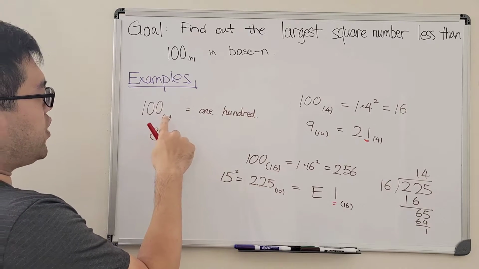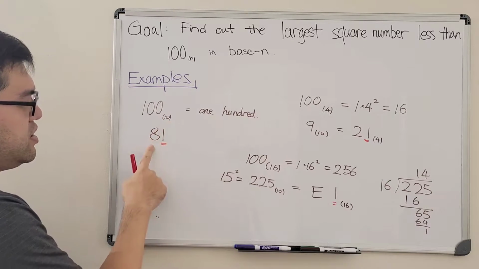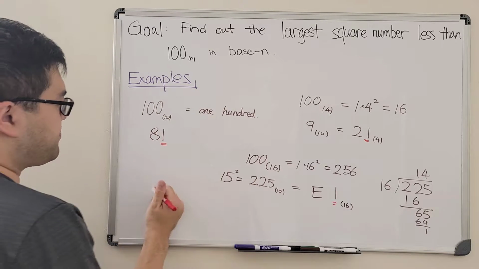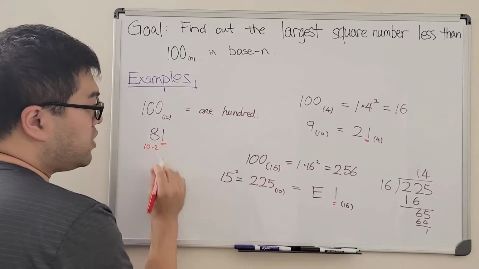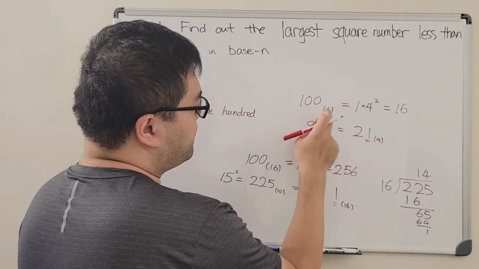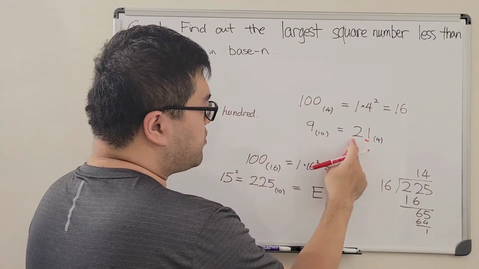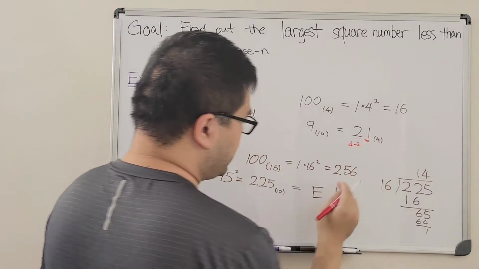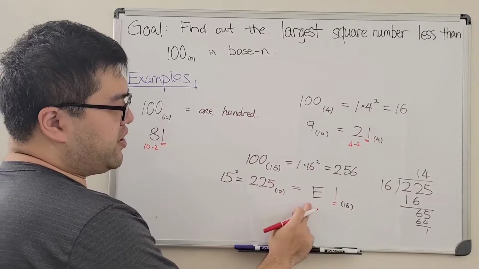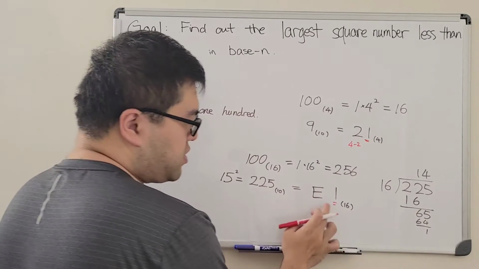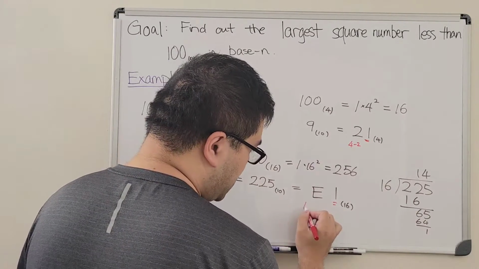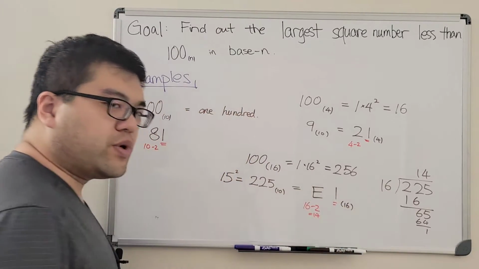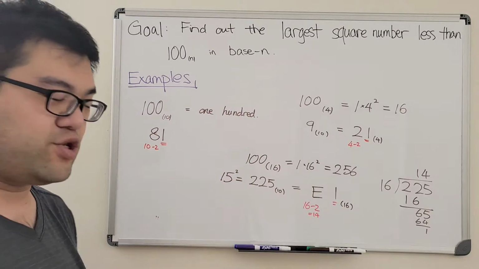For example, if our base is 10, then the number that we have will be 2 less than 10, which is 8. If we have base 4, the number that we get will be 4 minus 2, which is 2. Similarly, if we have base 16, the digit that we get will be 16 minus 2, which is 14, and we will denote it again with the letter E.